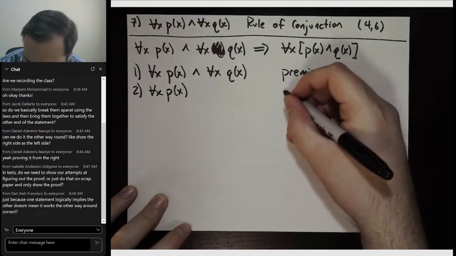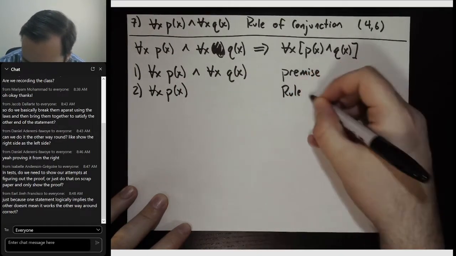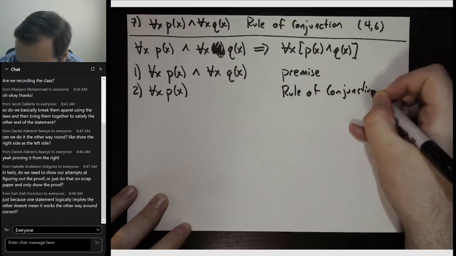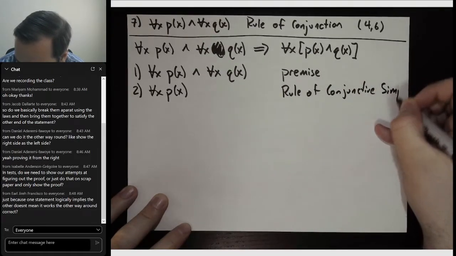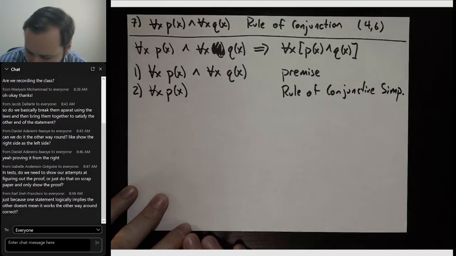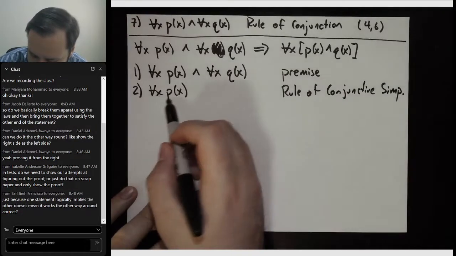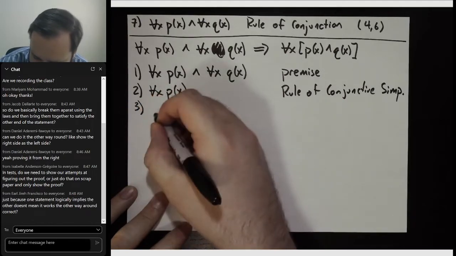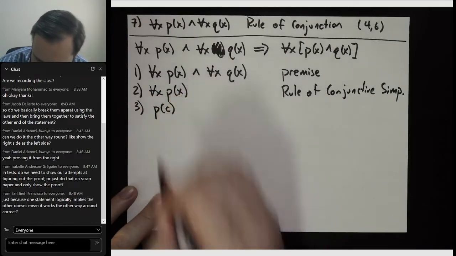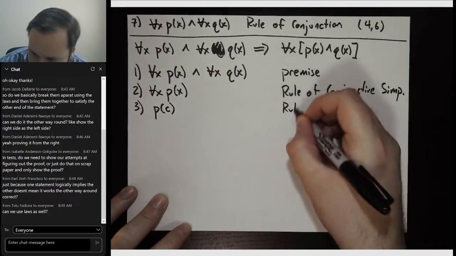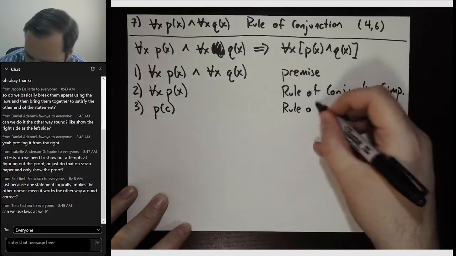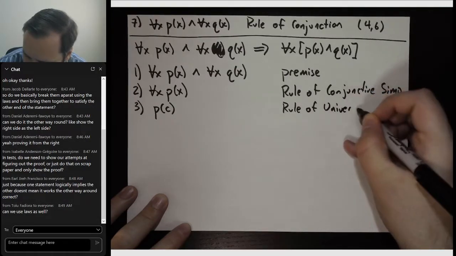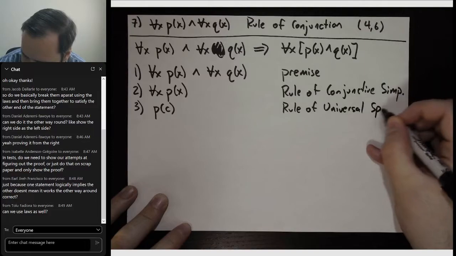This is true by my rule of conjunctive simplification. And now if this is true for all x, then I can pick a particular x. This is my rule of universal specification.